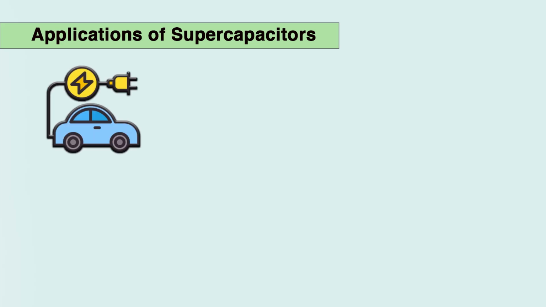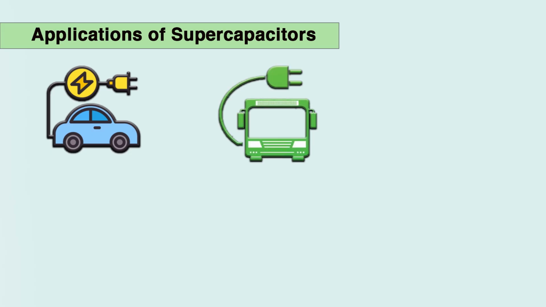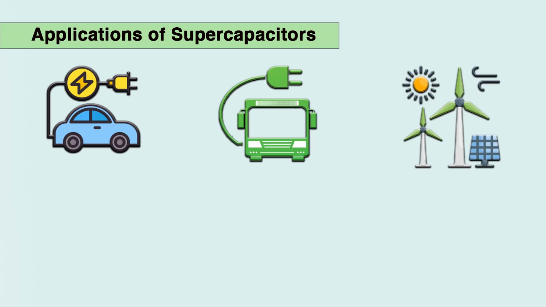Supercapacitors are used in electric vehicles. Also, they can be used in electric buses to provide high energy whenever acceleration is required. They can also be used in hybrid renewable energy systems where solar or wind is applicable. No doubt the supercapacitor will reduce the stress on the battery whenever it is used in renewable energy systems.